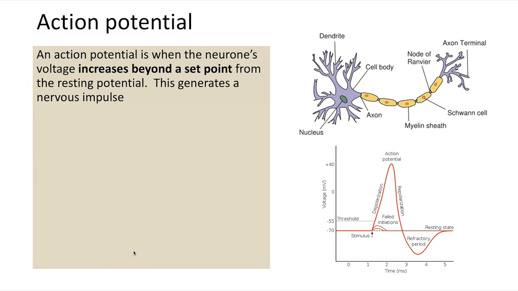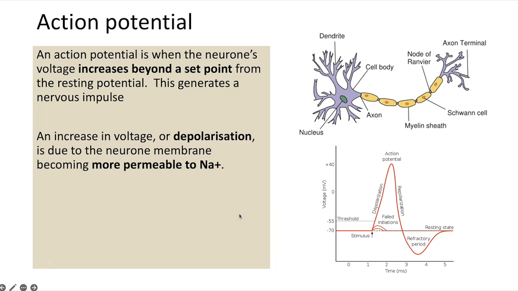So if there is a stimulus, that can result in an action potential. This is when the neuron's voltage, or potential difference, increases beyond a set point from that resting potential. Our resting potential is minus 70 millivolts, but if we get a change that brings the voltage up to the threshold point of minus 55 millivolts, then you will get an action potential occurring.